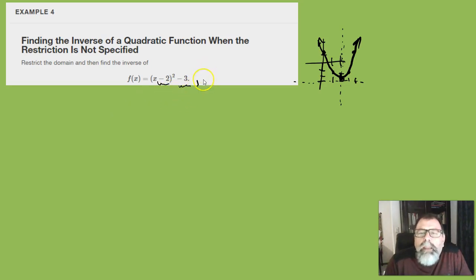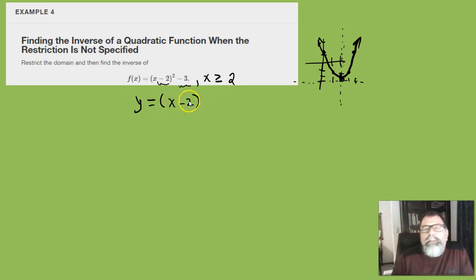So if I want the right half, I'm going to restrict the domain to be x is greater than or equal to 2. Okay, and then I proceed with my technique to get the inverse. So rewrite f of x as y. Now we're going to switch the x and y. So at this point, this is the inverse.